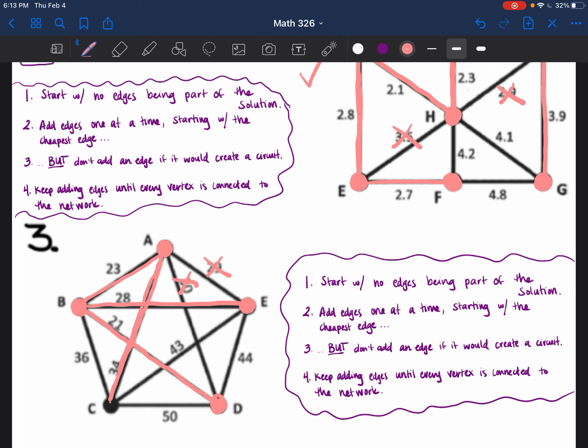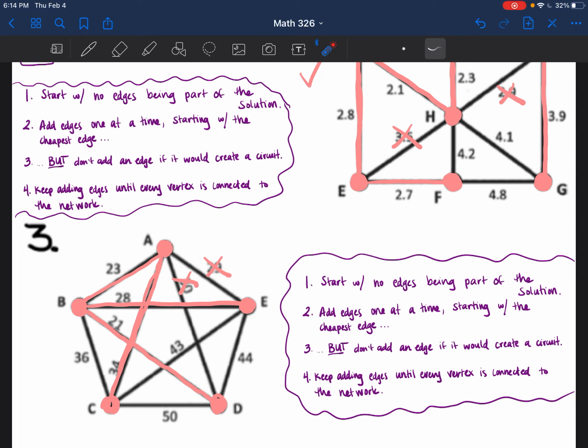And remember, even though it's crossing through these two edges right here, and it looks like it's making a circuit, it's not, because these are not vertices. So this is okay that it's crossing through here. And it actually completes our network because it connected the last vertex we needed, and it doesn't create a circuit.